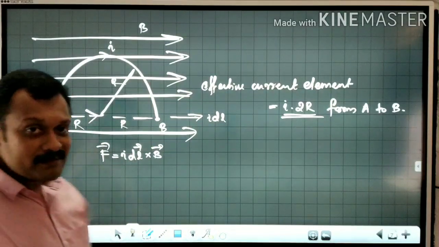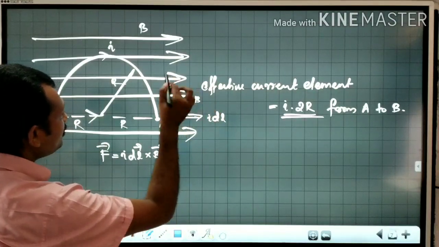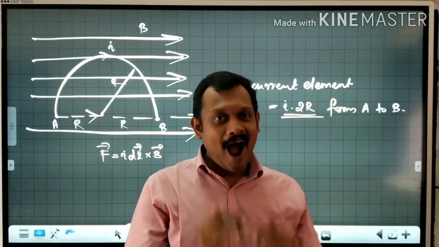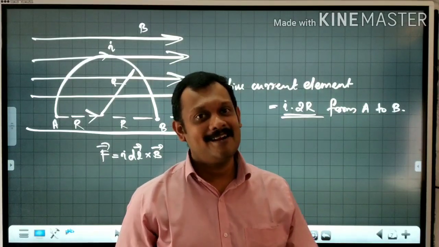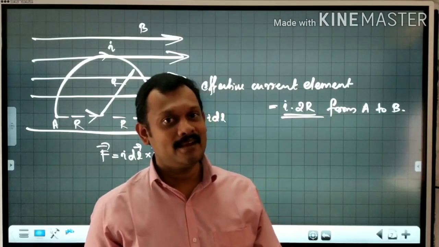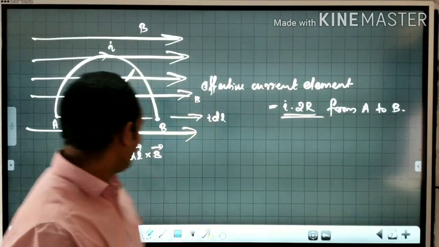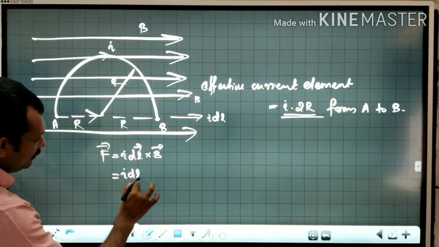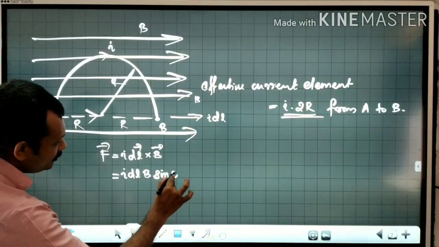Then what is the direction of the magnetic field? It is also in the same direction, right? I dl and B in this problem are in the same direction, which means I can say this is I dl into B into sine 0.